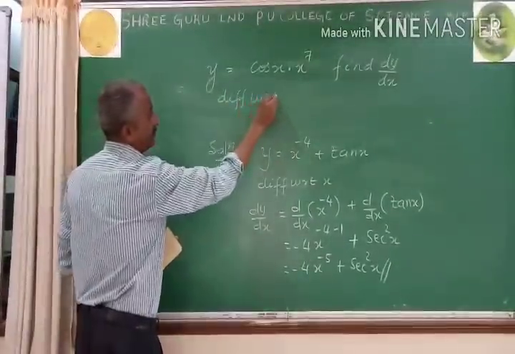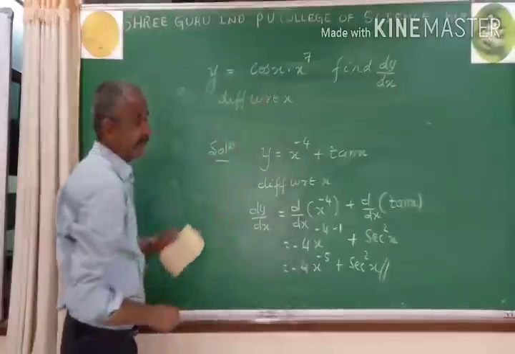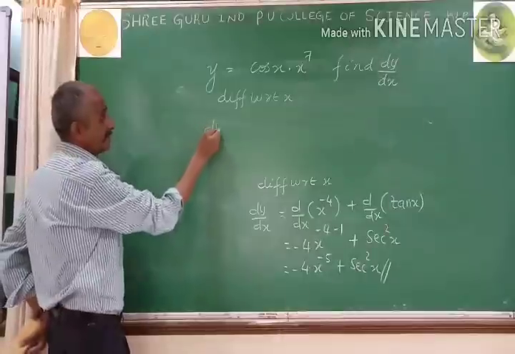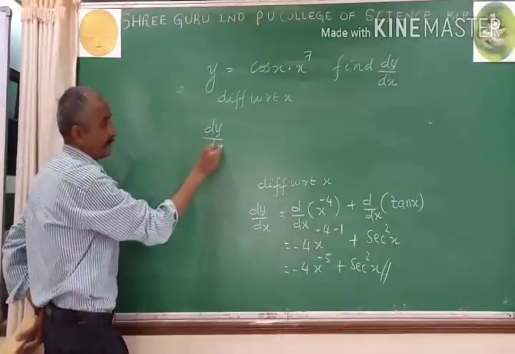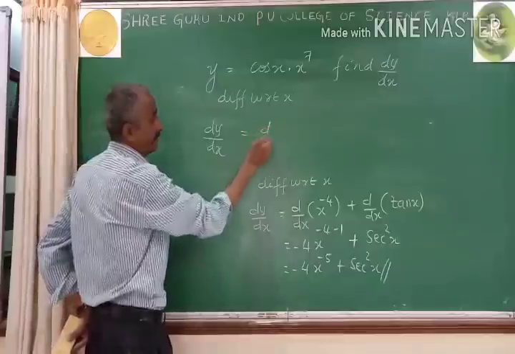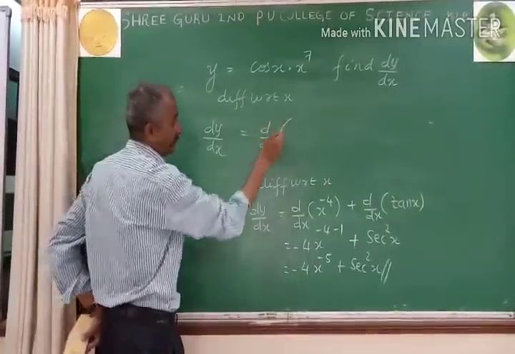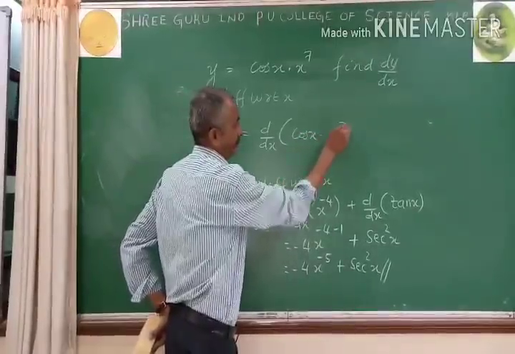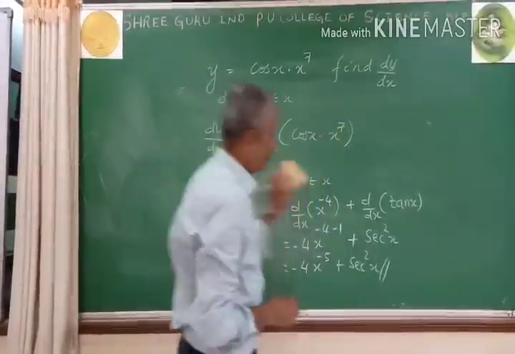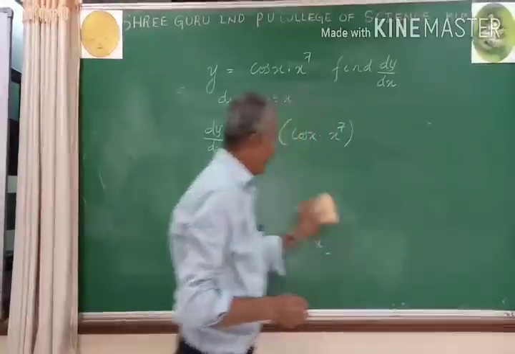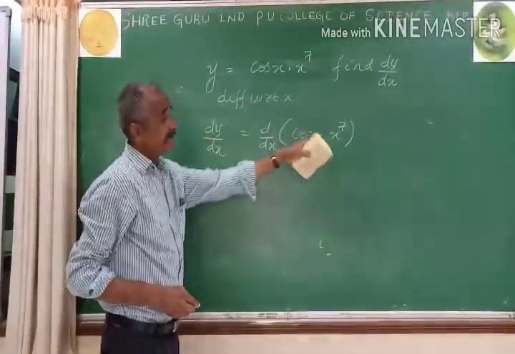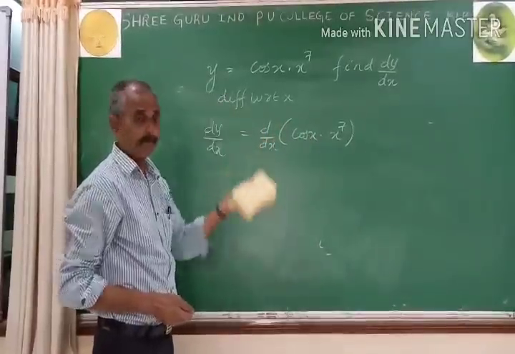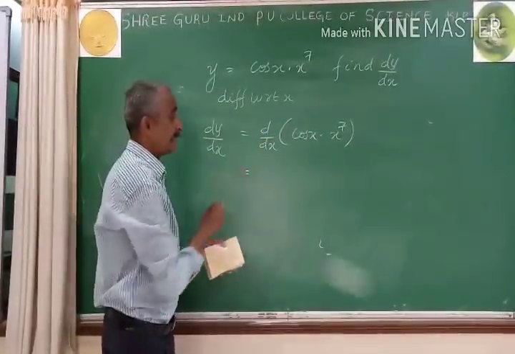On differentiating both sides with respect to x, the left side symbol will be dy by dx, and the right side notation is dy dx of cos x into x to the power of 7. And here two functions are connected by product, so we need to apply compulsorily the product rule. Recall the scheme of the product rule.